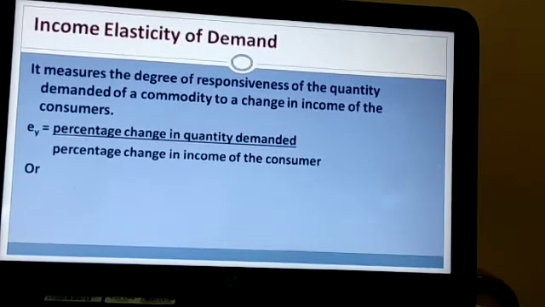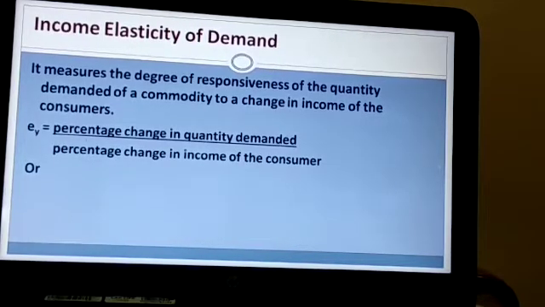Now, what do you mean by the word degree of responsiveness? It means how the demand reacts, or to what extent the demand changes, due to a change in income. So degree of responsiveness is the key word over here.